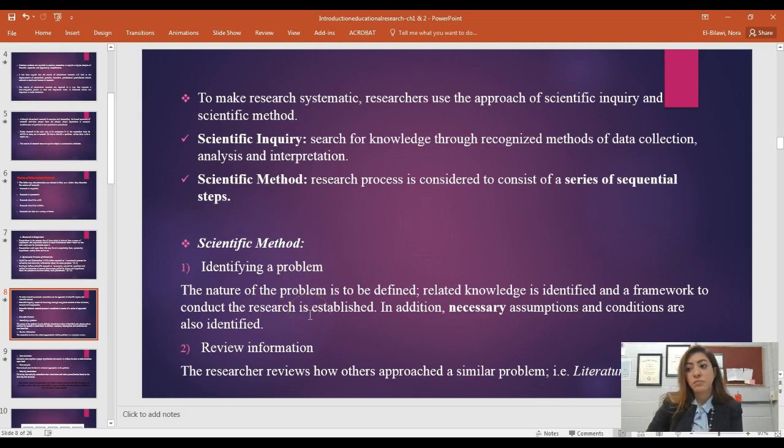Then after that, you review information from other people. What did they think about this problem? Other researchers, what did they think about this problem? So, for example, I have a problem about diverse students learning, or diverse students come from different cultures.